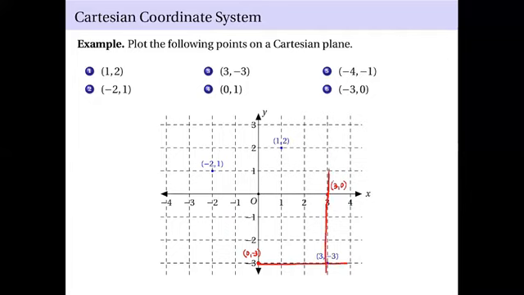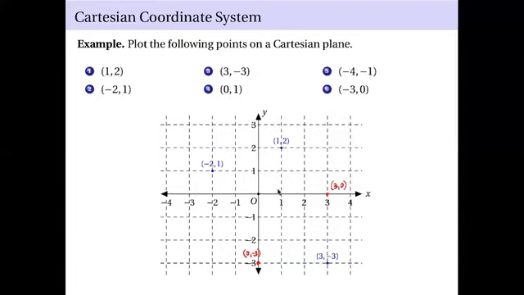And then you will get that point of intersection, 3 comma negative 3. Okay? So if you draw this grid, the points can easily be seen, because it's already in there.